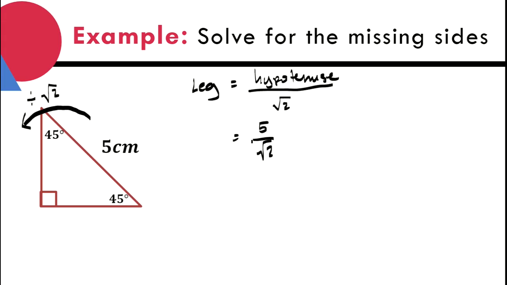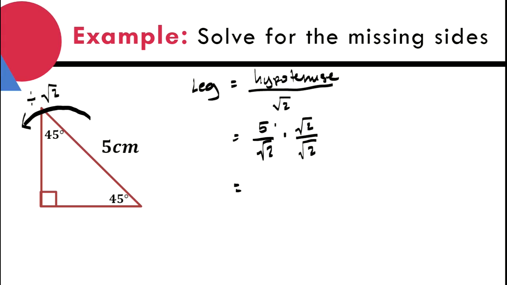Okay, we have 5 over square root of 2. This expression is not yet simplified because there is a radical in the denominator. In order to remove the radical, we need to multiply both numerator and denominator by square root of 2, or by the radical itself. This process is what we call rationalization.